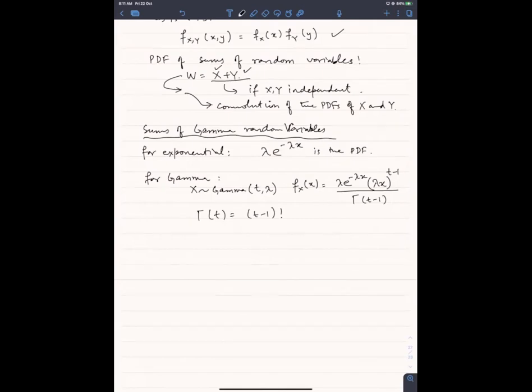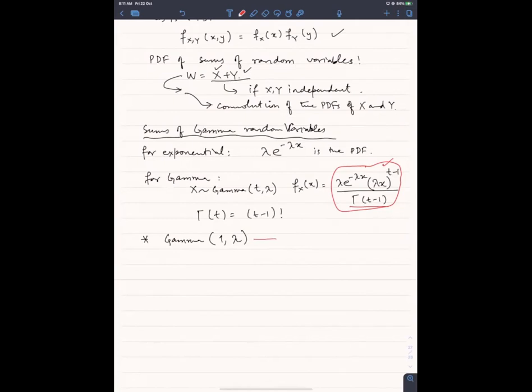Now we note that gamma of 1 comma lambda: if we put t equal to 1 in this expression, the denominator has gamma of 0, which is defined to be 1, and in the numerator you will have lambda x power 1 minus 1, which is again 1.